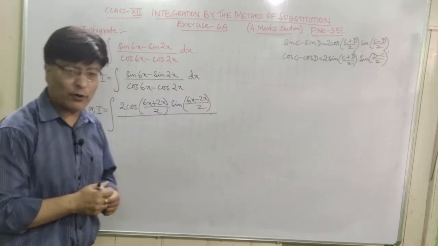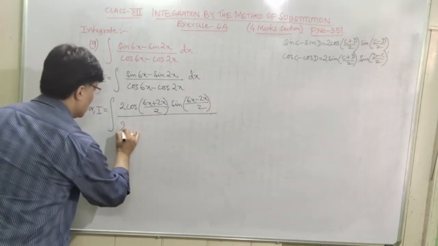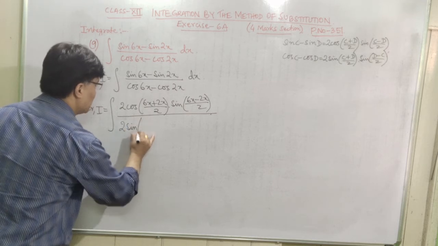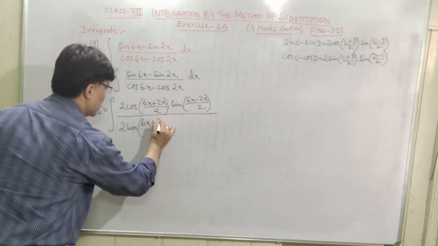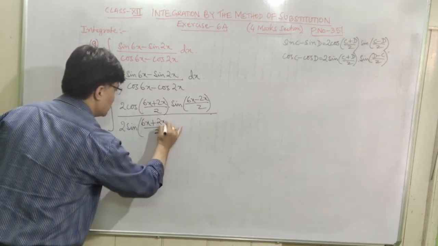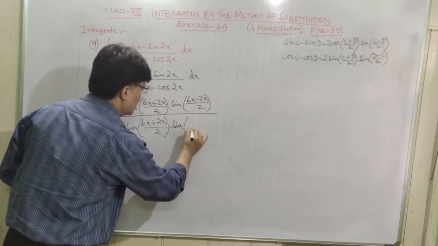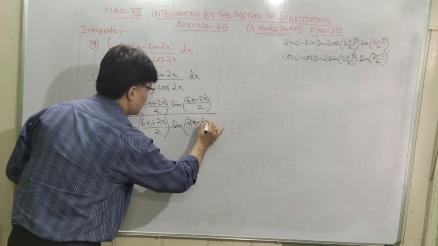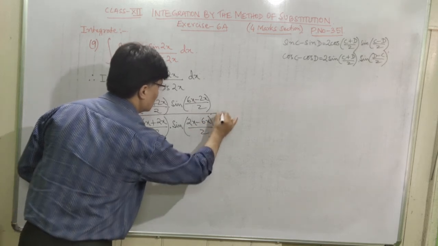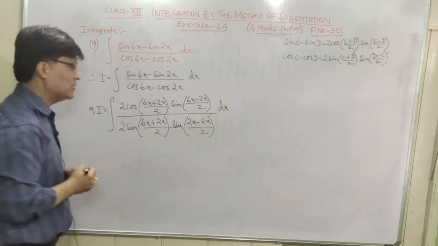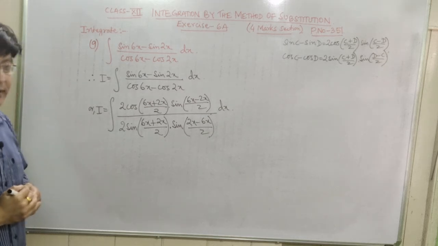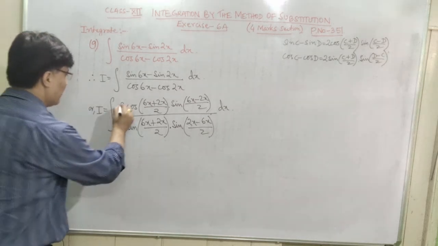You can use the second formula: 2 sine of 6x plus 2x by 2 into sine of d minus c by 2. What is d minus c by 2? 2x minus 6x by 2. Then you write dx. Is that understood now? So let us simplify it.